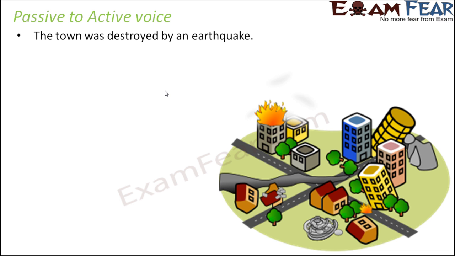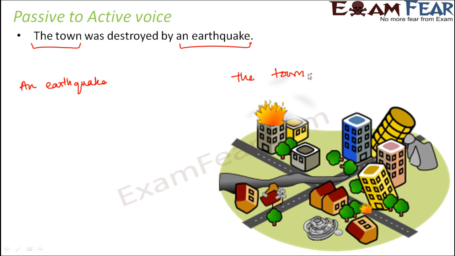The town was destroyed by an earthquake. So your first goal is to interchange the subject and the object. So this becomes an earthquake, and here the town. And what do you have in the middle? Was destroyed by. Was again tells us that it is past tense.